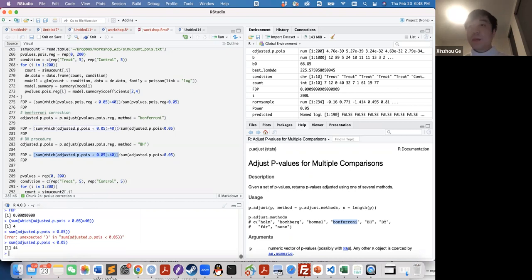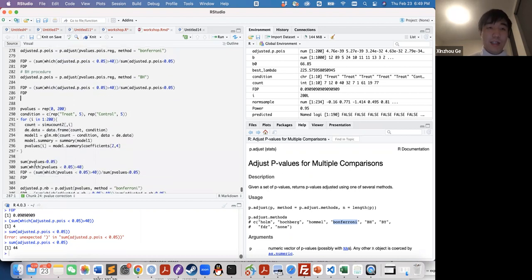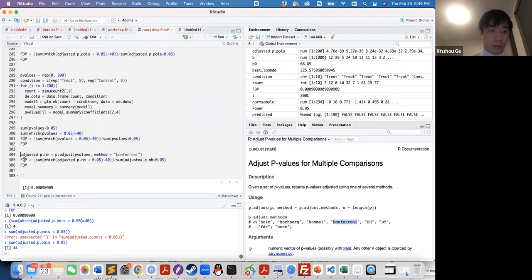Okay, so all the true discoveries were discovered, and we only have about 10% false discoveries. So that's how the BH procedure works on the Poisson dataset, and we can also try this on the negative binomial dataset. In this case, we can do the p-values with method equals BH.